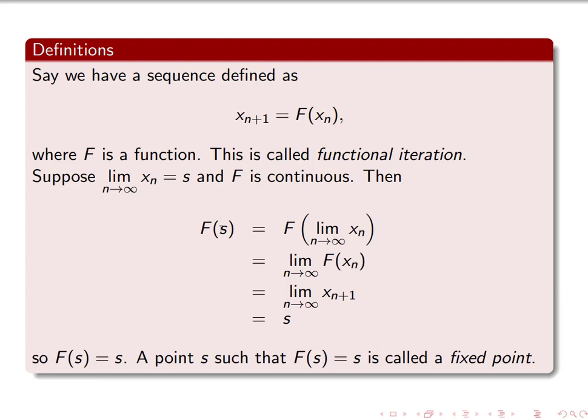Well, f of s is f of the limit of x_n, and since f is continuous, we can swap out our limit of x_n with f, and so f of x_n is equal to x_{n+1}, which is just a subsequence of my previous sequence, so it will converge to the same point. And so f of s is equal to s. This means that this point s is a fixed point of my function f.